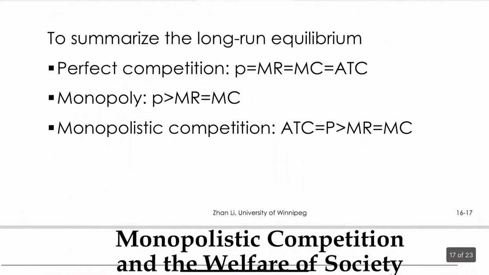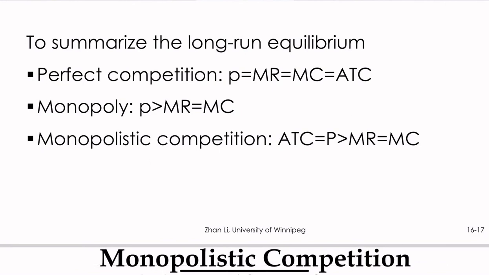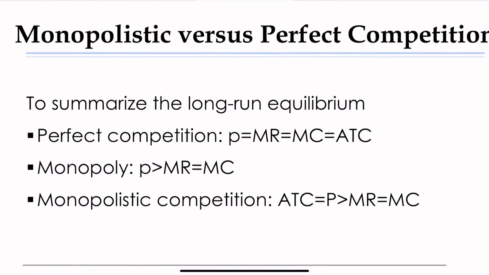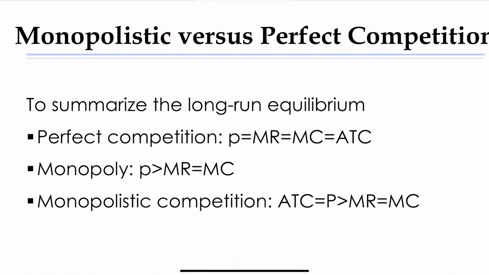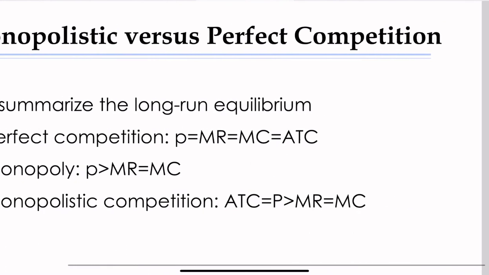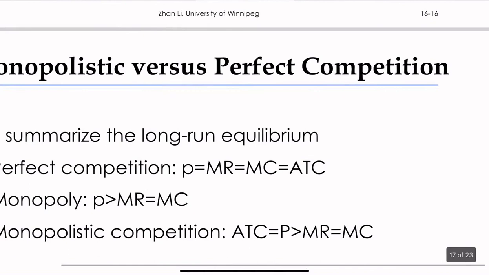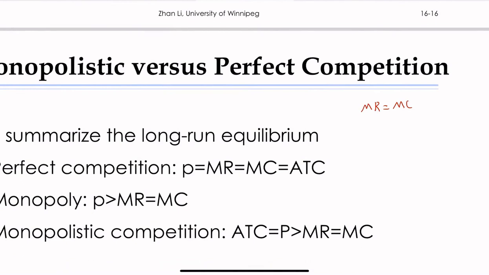Okay, now let's summarize the long-run equilibrium. First, for perfect competition, let's start with the very basic case. For any type of firm, you always have marginal revenue equals marginal cost. And if we have perfect competition, then price always equals this.